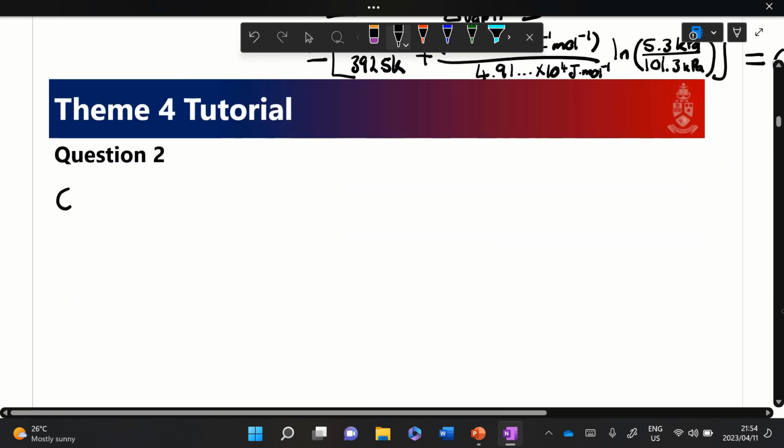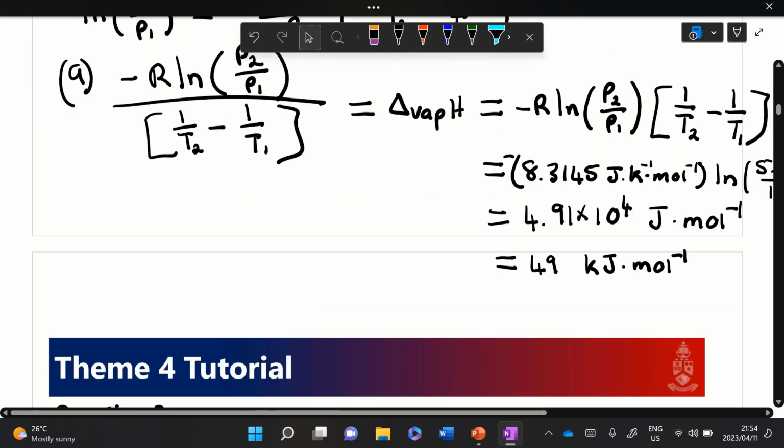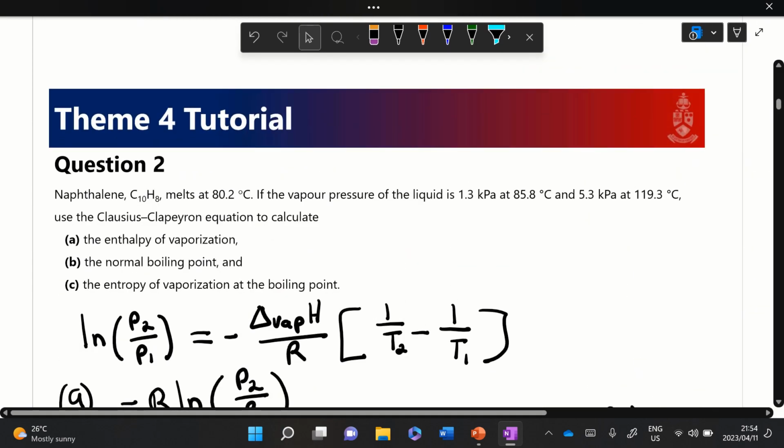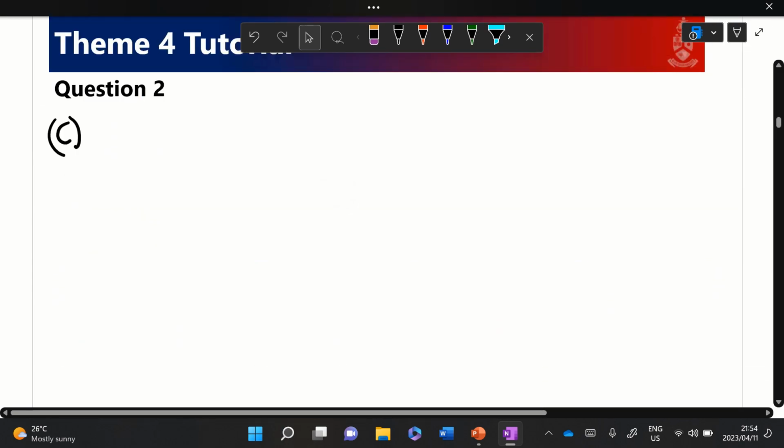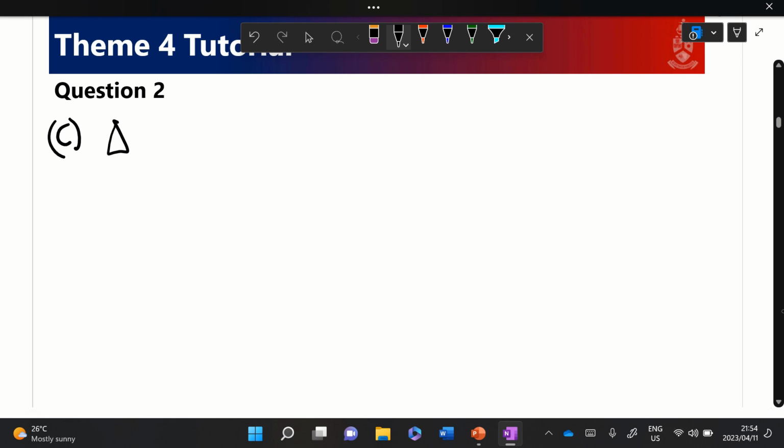So then finally we look at C. We're asked to calculate the entropy of vaporization at the boiling point. So basically all that we're left to do here is we need to recall something from theme 3, and that is that the transition entropy is equal to the transition enthalpy divided by the transition temperature.